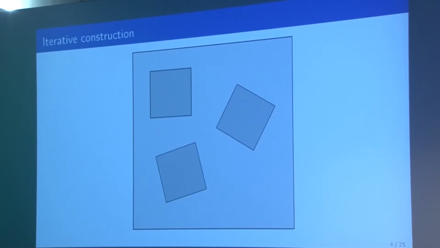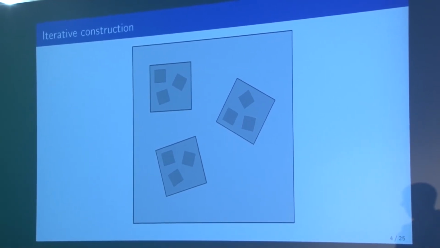Suppose you have 3 maps in this example. You get 3 copies of the big square inside the big square, scaled down according to the contraction of the maps. Now if you take these 3 squares and apply each of the maps to their union, you'll get copies of those 3 squares inside each of the 3 squares. Now you have 9 squares, and you can keep going.